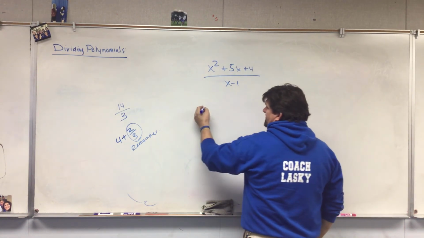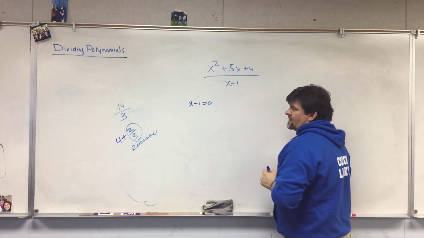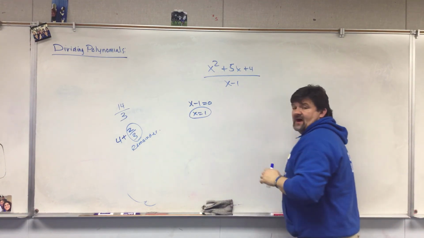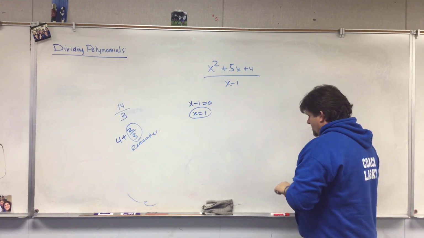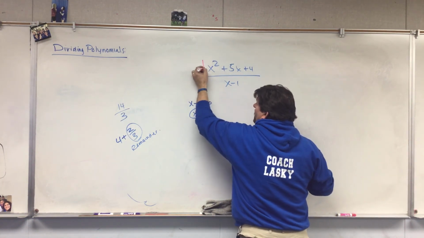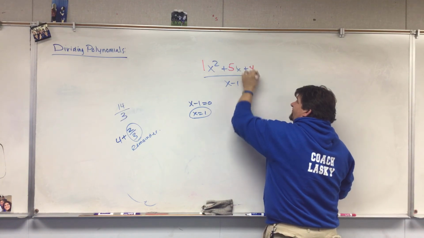This is what we're going to do. We're going to take x minus 1 and set it equal to 0, so we get x equals 1. So we're going to divide this whole thing by 1. I'm going to change the colors on these: 1, 5, and 4.